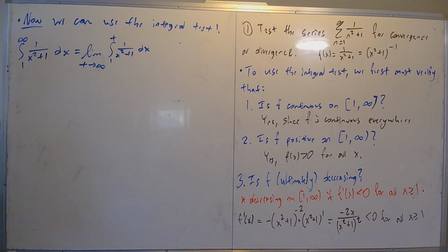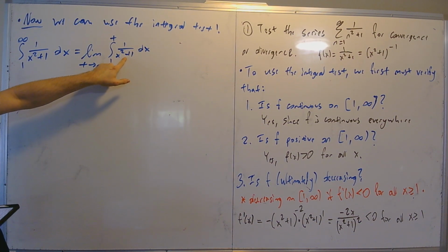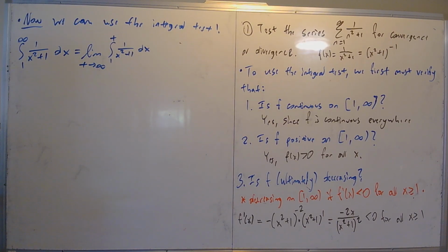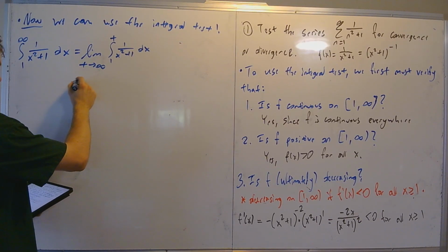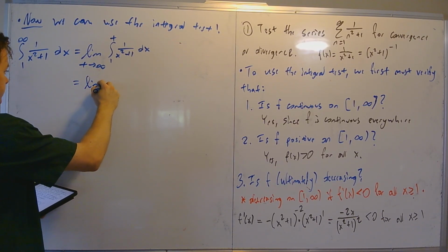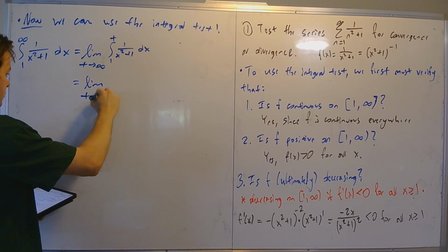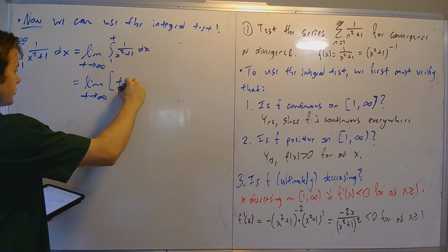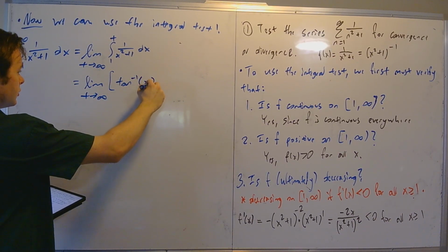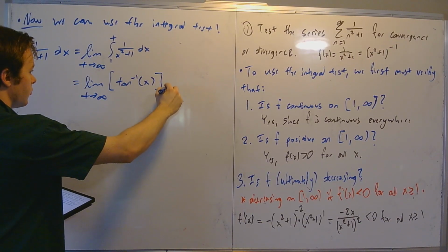And if you remember here, actually this fraction is the derivative of tangent inverse of x. So we can write this as the limit as t approaches infinity of tangent inverse x evaluated from 1 to t.